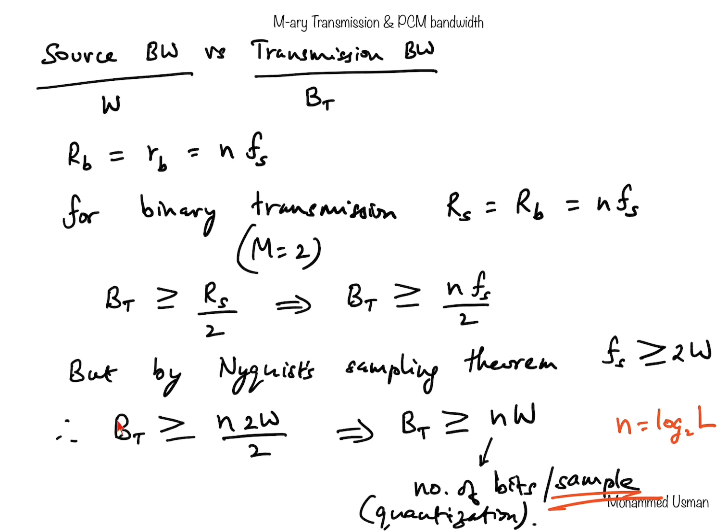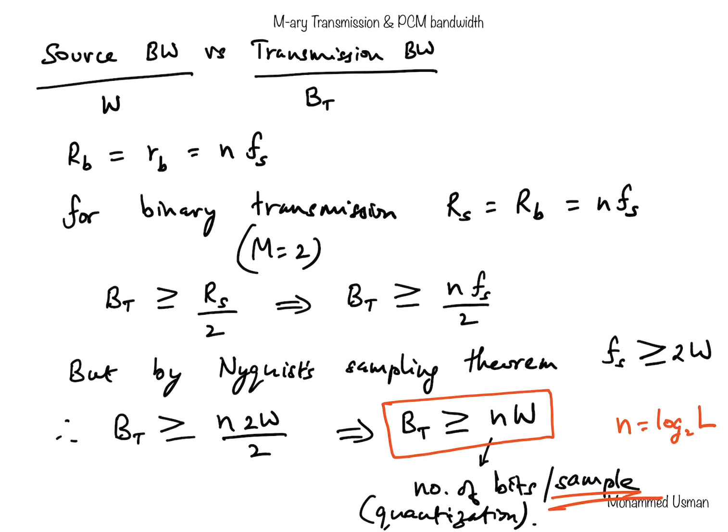Now for the binary case, the transmission bandwidth and the source bandwidth are related by this equation, boxed in red: the transmission bandwidth should be at least N times W.